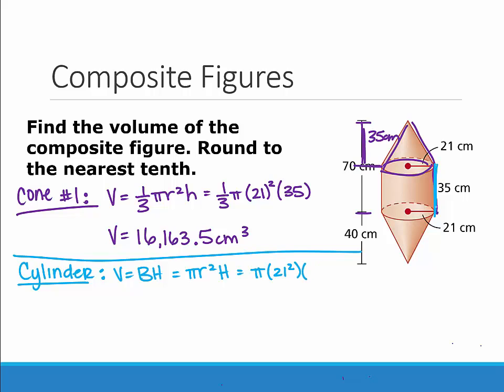And then the height of this, we said, had to be 35. So we do 21 squared, multiply by 35, and then multiply by pi. And we end up with 48,490.5 centimeters cubed.